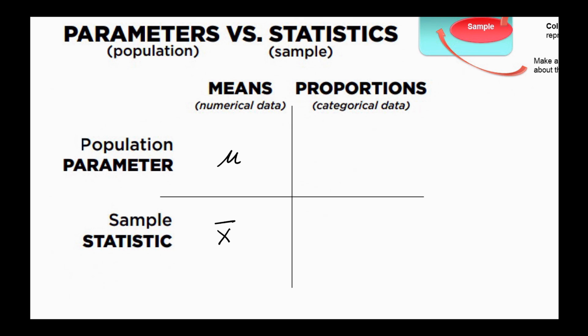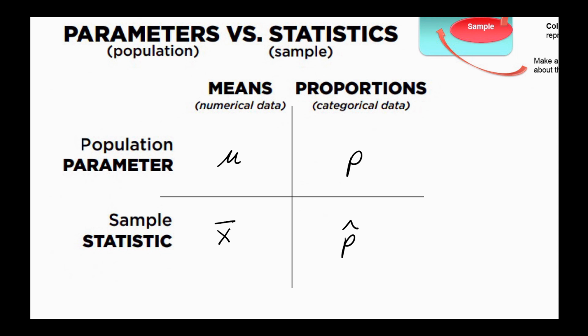Same thing with proportions. If I take the proportion of everyone at Central High School who has blonde hair, that would go up here, right? If I take a sample and ask the same question, that's not P, it's called P hat.